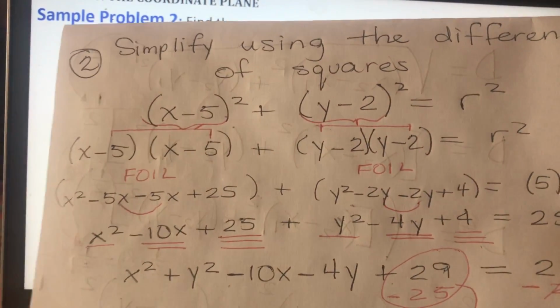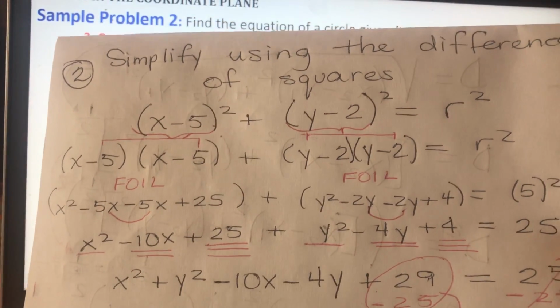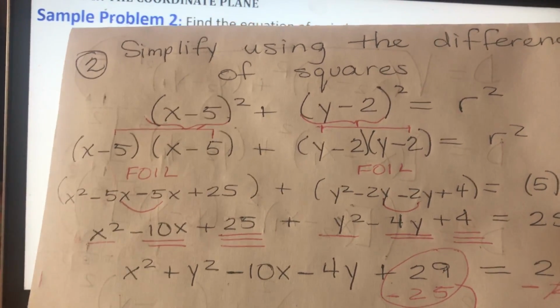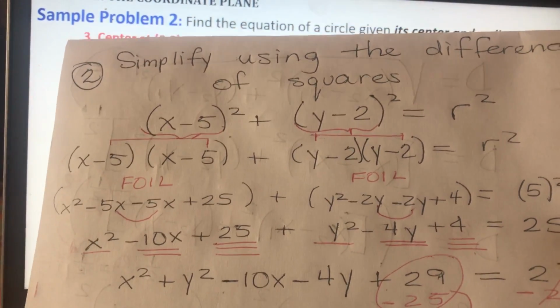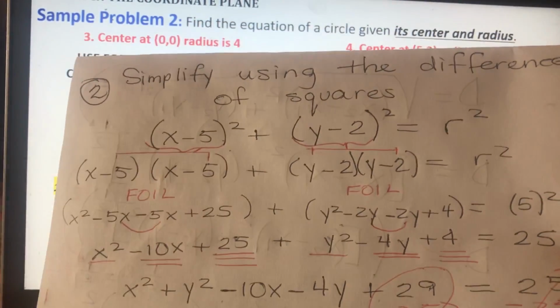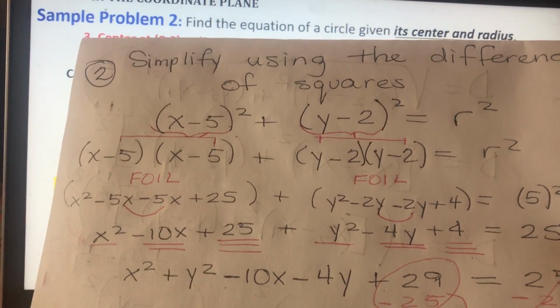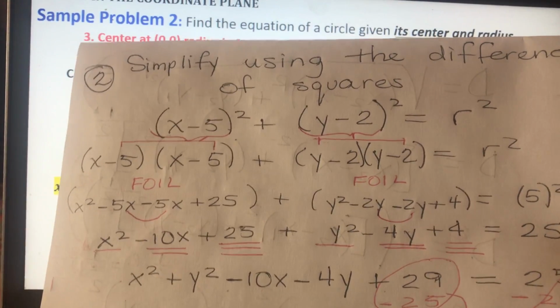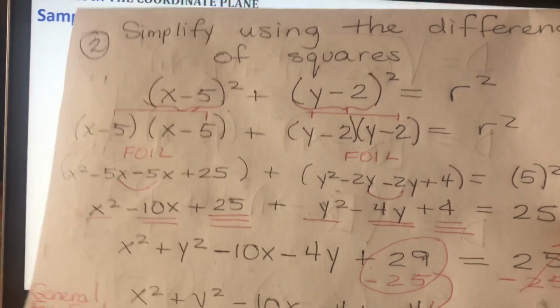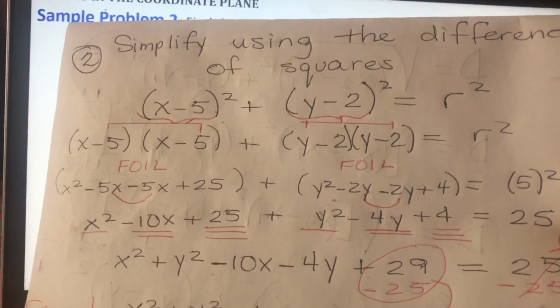If we multiply (y - 2)(y - 2), what do we get? Using the same FOIL method, we get y² - 2y - 2y + 4, and that's equal to y² - 4y + 4. On the right side, that's equal to 5², which is 25, because our radius is given and it is equal to 5.